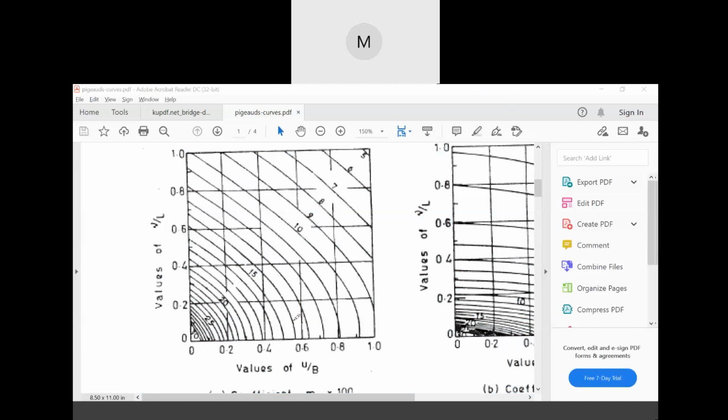If you consider 0.3 here, then you have u by b is 0.33, right? And then v by L is how much? 0.102.